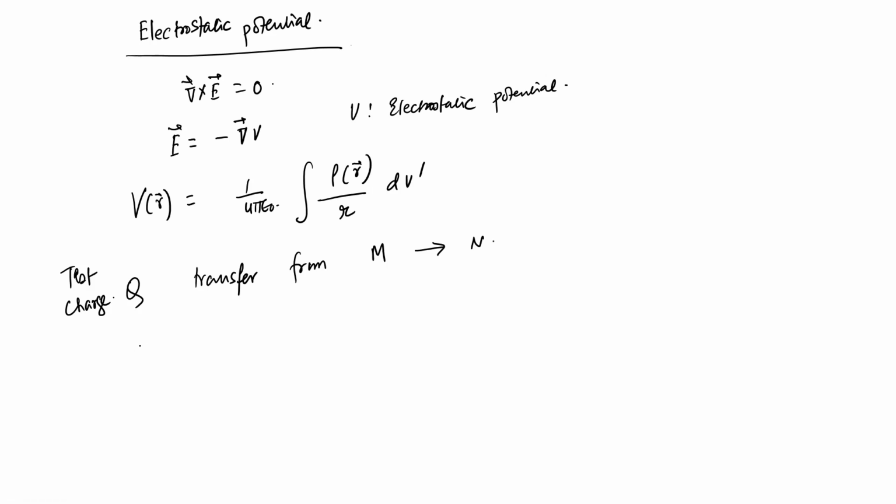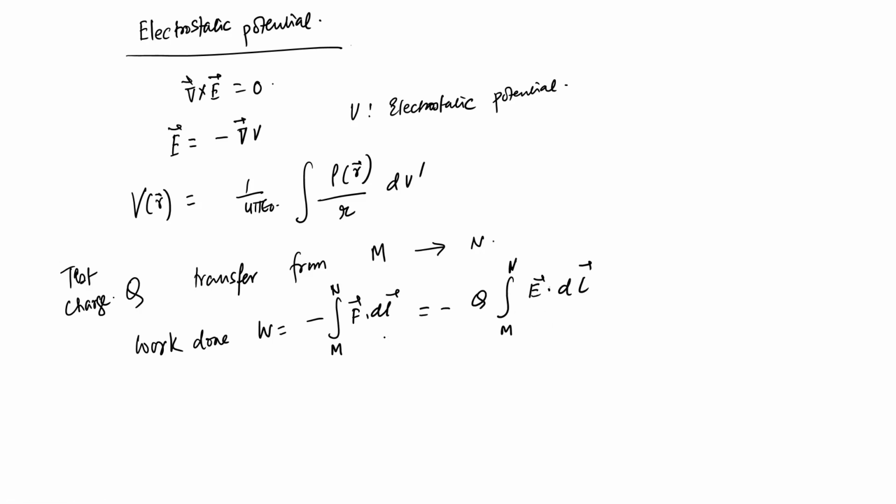So, there has to be some work done by the potential or by the field. This work done is equal to minus the integral of F dot dl, from the initial point M to the final point N, and this is equal to minus q times the integral from M to N of E dot dl.